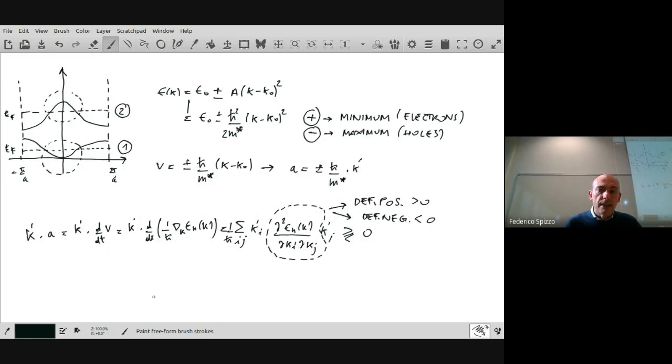So the idea is to concentrate on this matrix, that is a matrix that can be evaluated once we know the energy dependence with respect to the wave vector of the system. And in case we know that, we also know, again, if we are considering levels that are occupied by holes or by electrons.